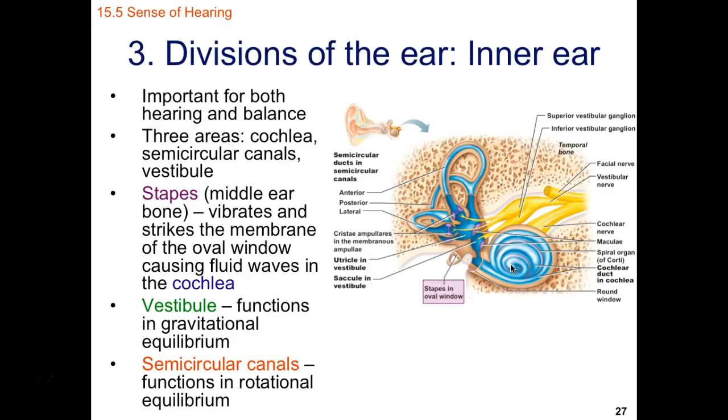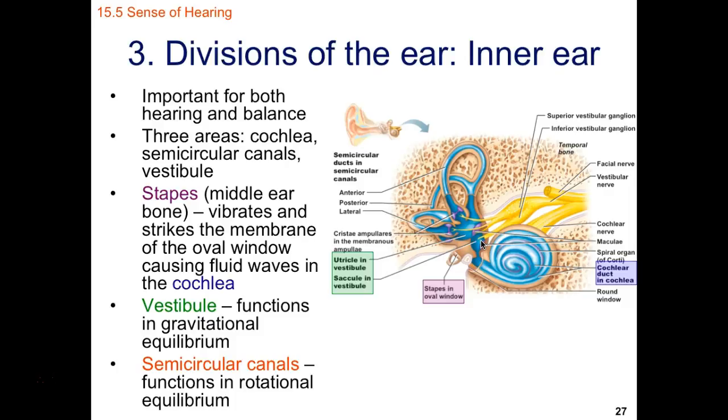Okay, and our vestibule, let me highlight that there. This is broken up into a utricle and a saccule. Here is our utricle, here is our saccule. And this is going to help us with gravitational equilibrium. So for instance, if you're going up and down in an elevator or you're moving in a car, it helps with information like that.